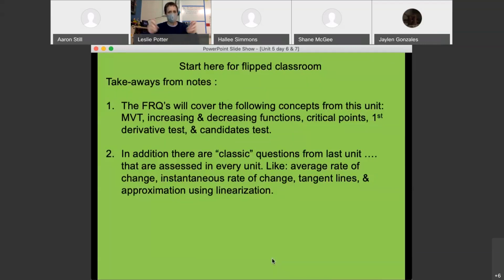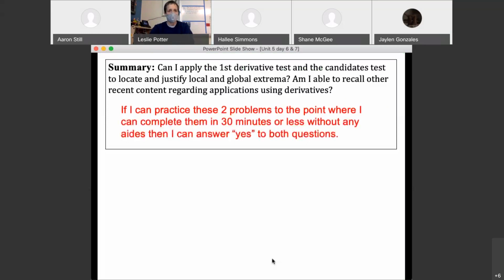In addition, there are classic questions that you see every time I give an assessment: average rate of change, instantaneous rate of change, but the big thing is the tangent line and using the tangent line to approximate. So those are the takeaways, and that's what we're going to focus on today in our free response questions.